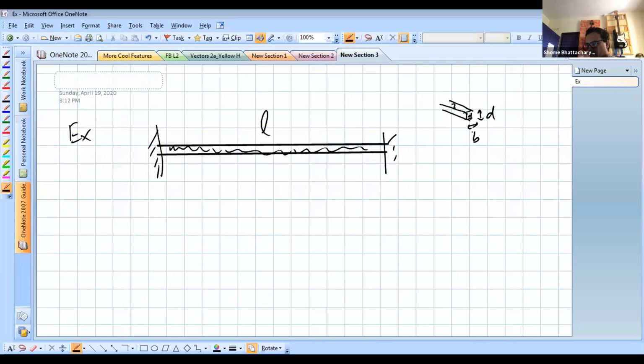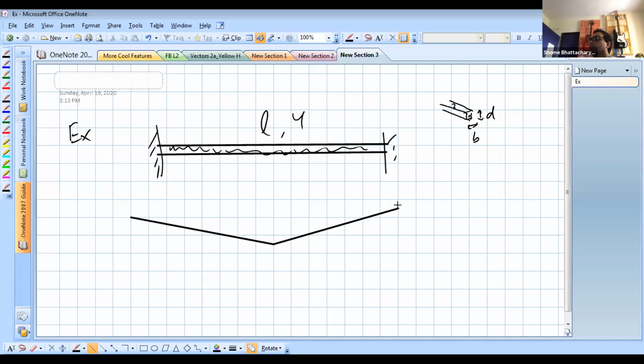Now next, we are putting a load of W at the center, and the Young's modulus of the bar is also given as Y, and B and D are also given. When we put the load, we have to assume that the bar sags. So attaching the load at the center, the bar sags like this.